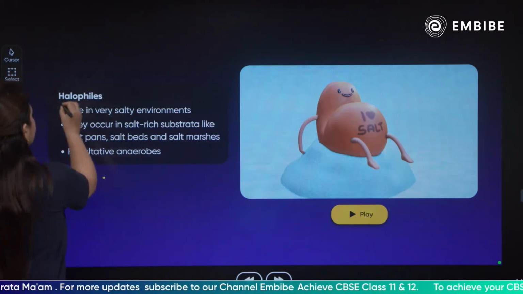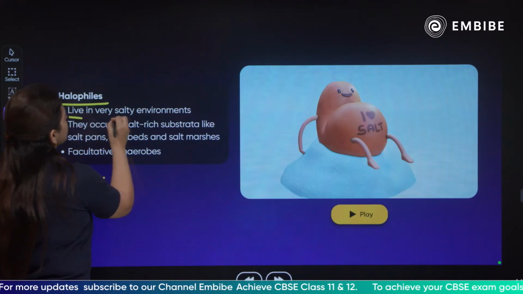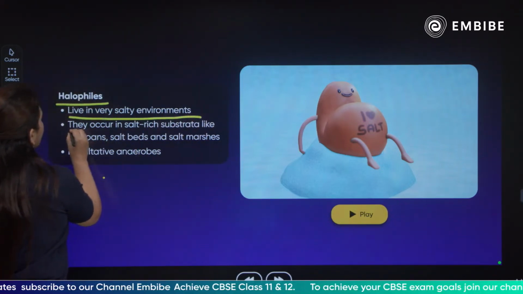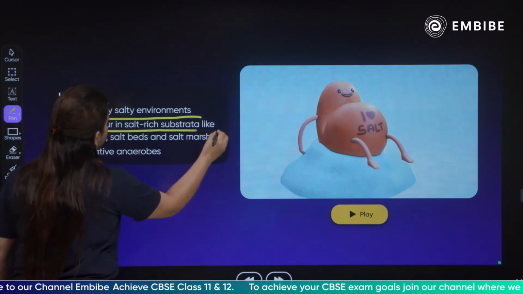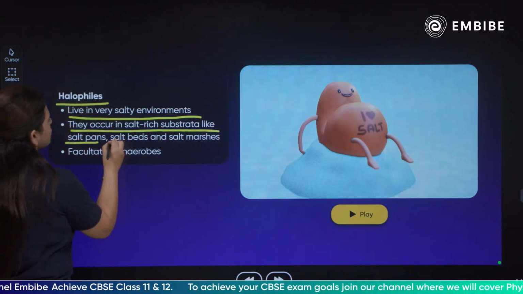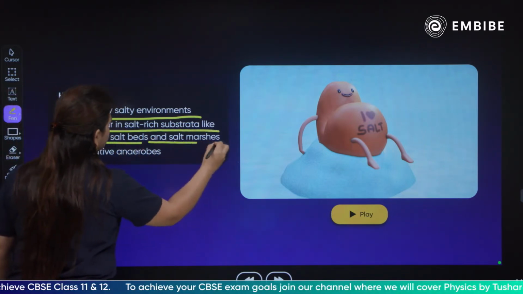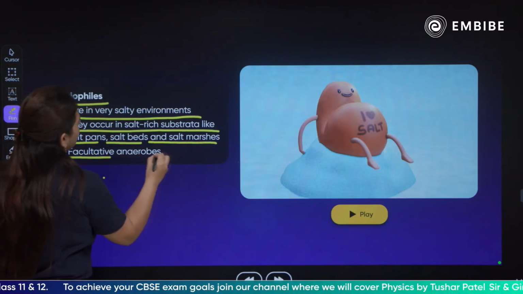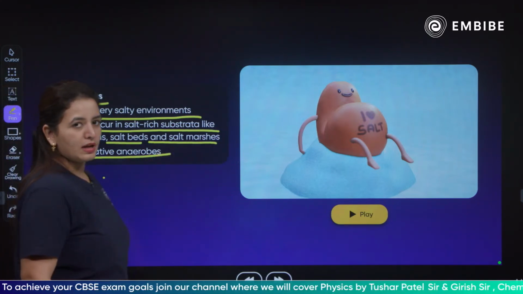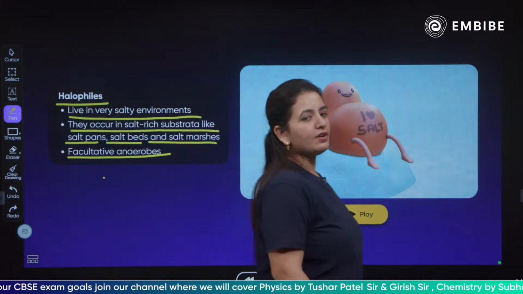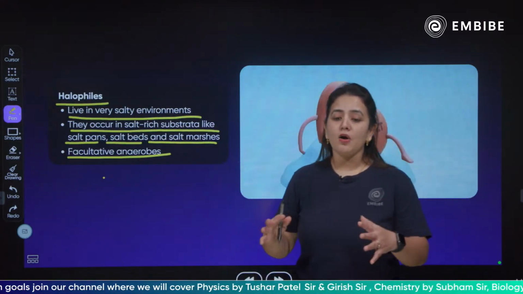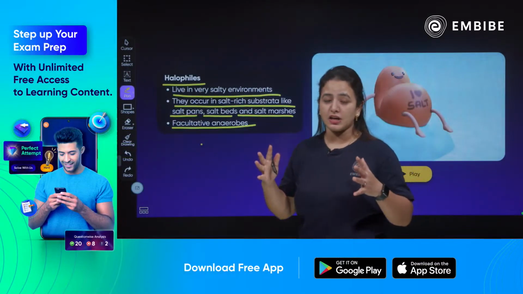They live in very salty environments and occur in salt pans, salt beds, salt marshes, and they are typically facultative anaerobes.